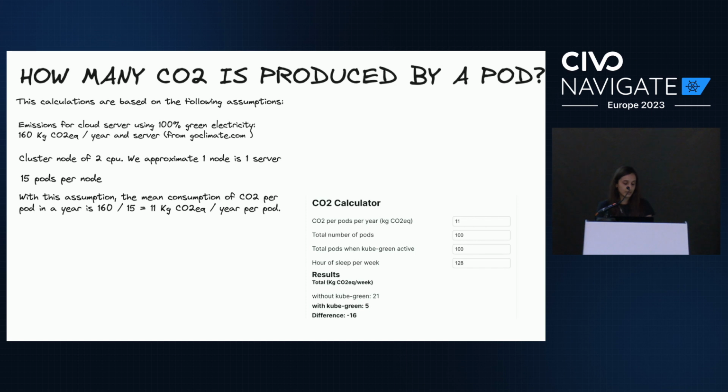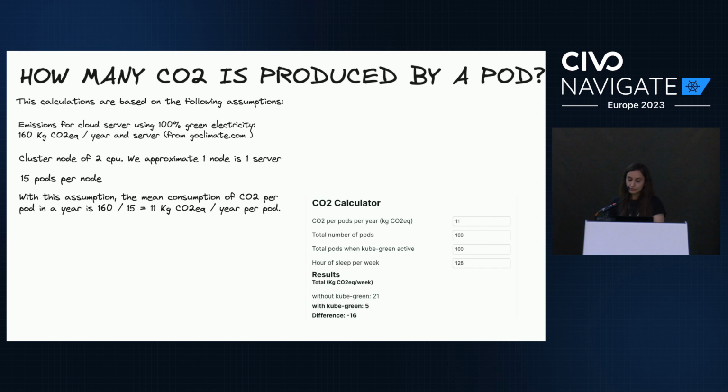These are all the assumptions, and 15 pods per node. So this calculator tells you how much CO2 emissions you can reduce when you are using Kube Green, and what the CO2 emission is when you are not using it.